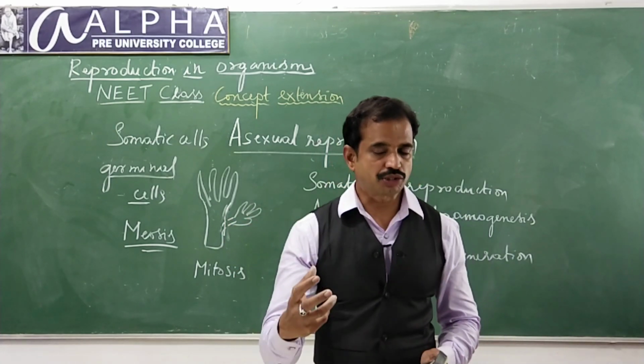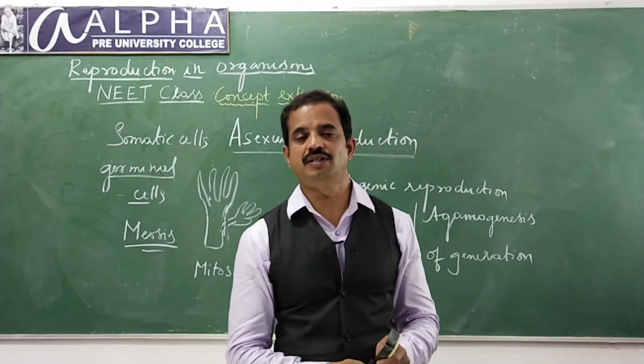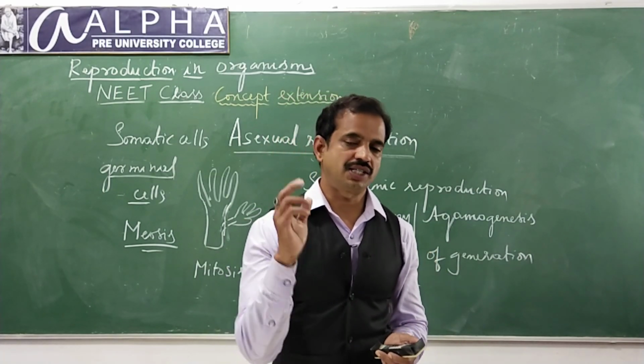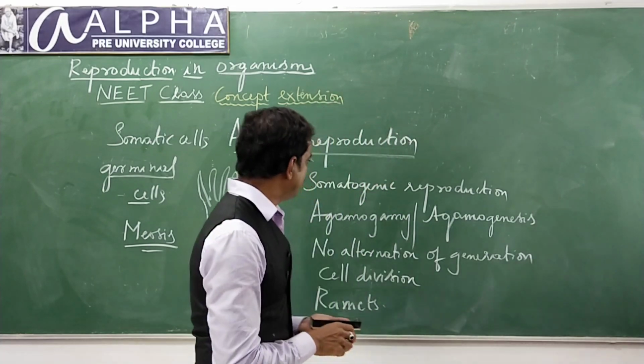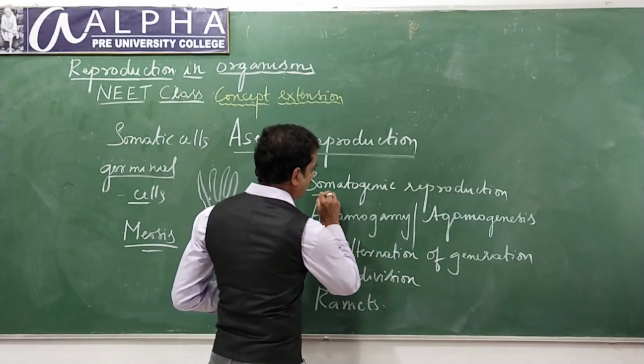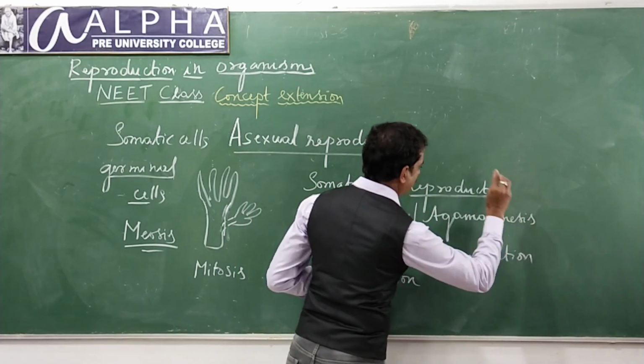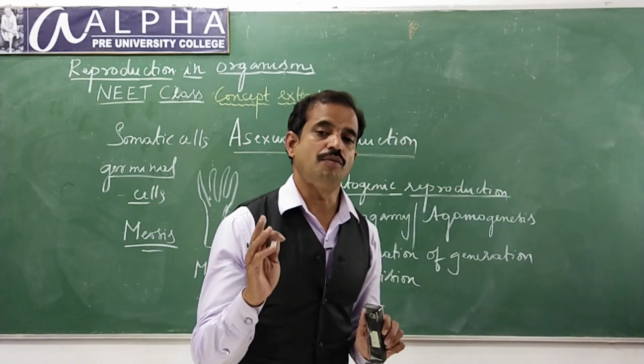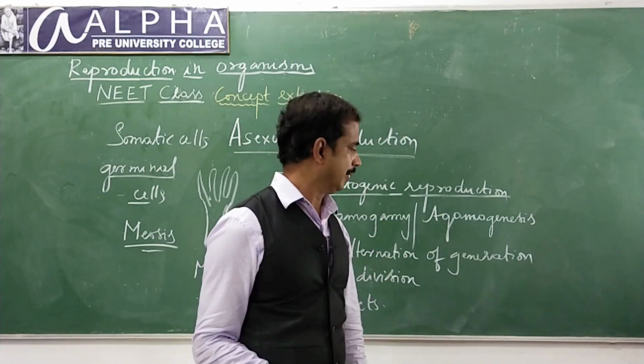So here asexual reproduction is a type of reproduction where somatic cells are involved. Germinal cells or sex cells are not involved. So we call asexual reproduction a somatogenic reproduction.